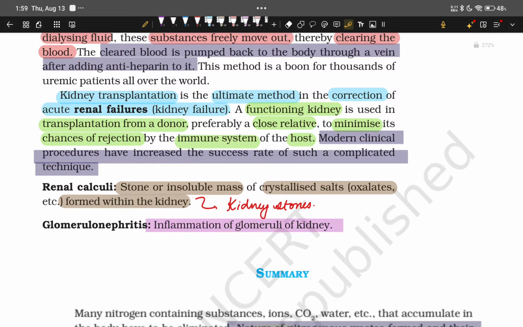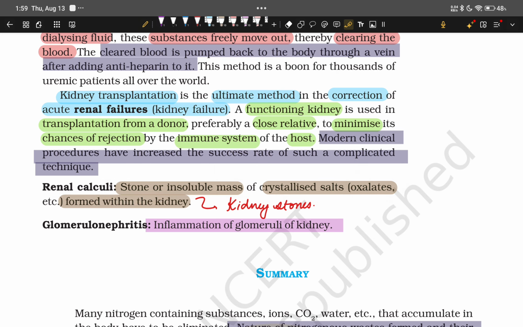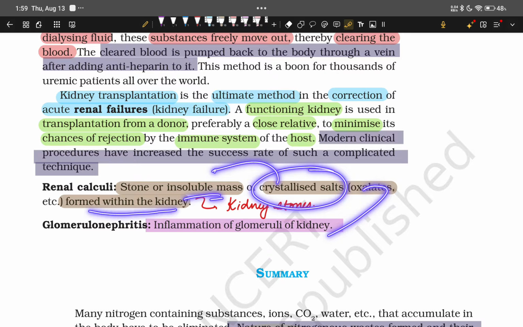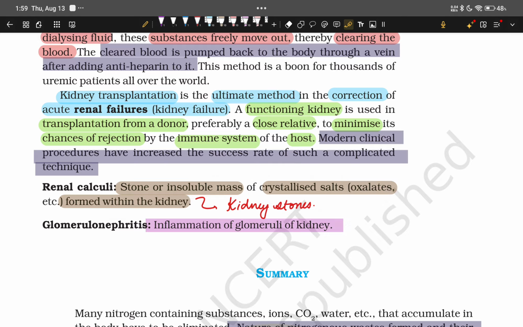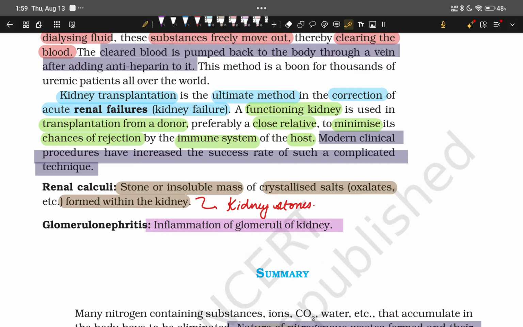Okay. And lastly, there are two conditions we have to read about. The first is renal calculi, a stone or insoluble mass of crystallized salts, which are salts of oxalates. So crystallized oxalate salts form a stone or insoluble mass. They are formed within the kidney, so these are also called kidney stones and renal calculi. And if they are present, it might be possible that blood will come out through urine.